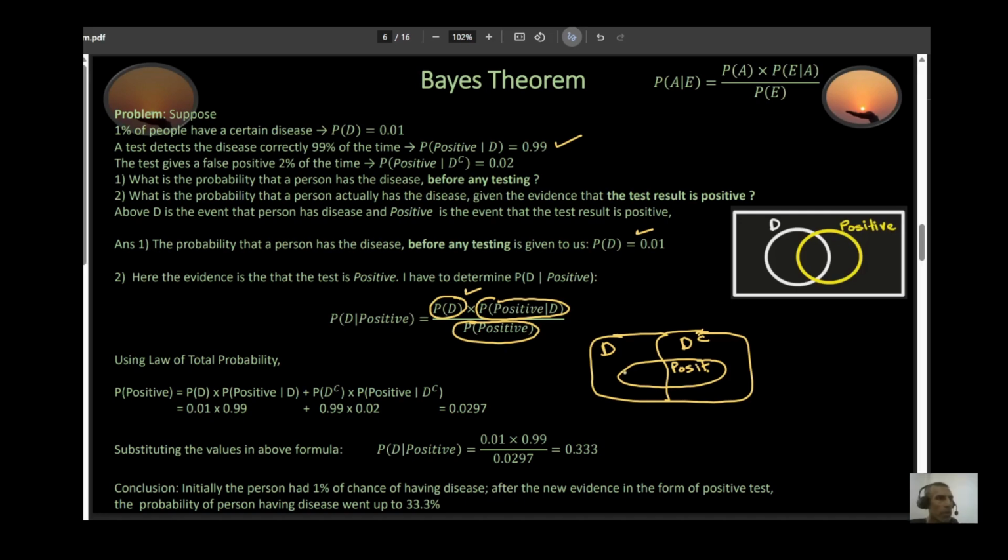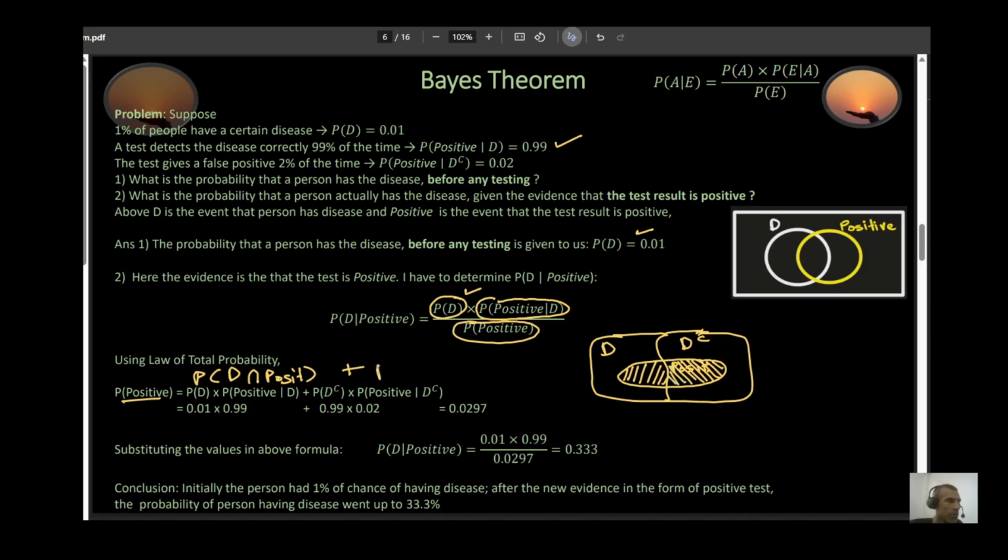So the probability that a person is positive is equal to the probability of this region, which is the probability that a person has the disease and the test result is positive, plus the probability that a person does not have the disease and the test result is positive, which would be the probability of this region right here.